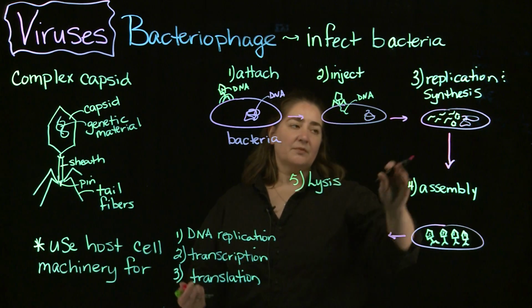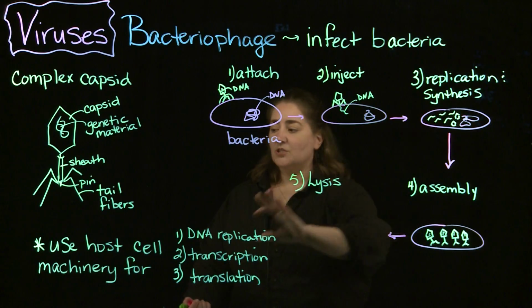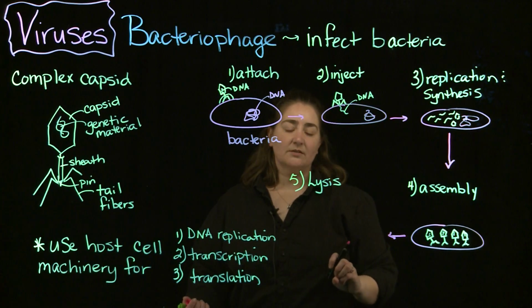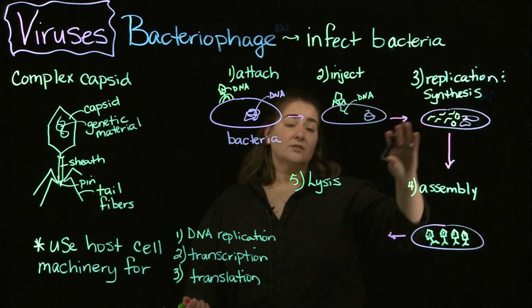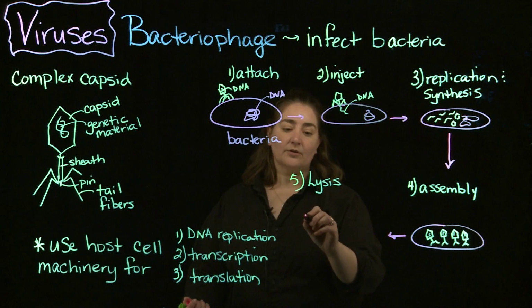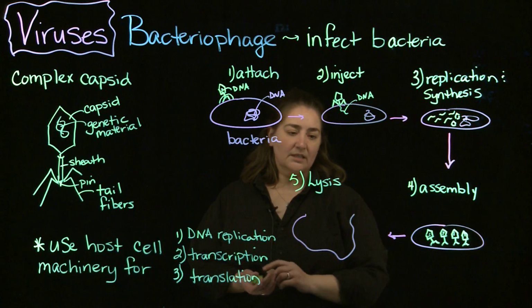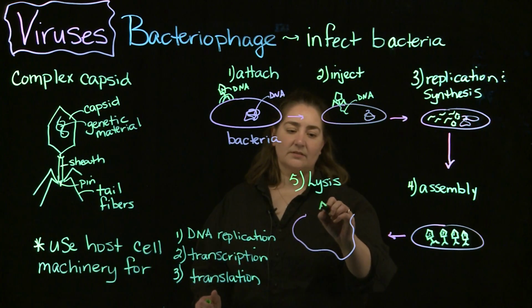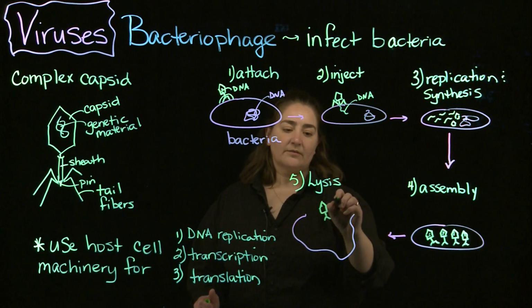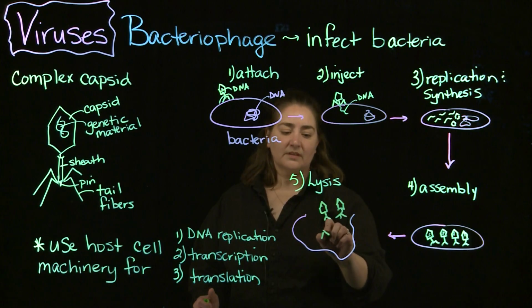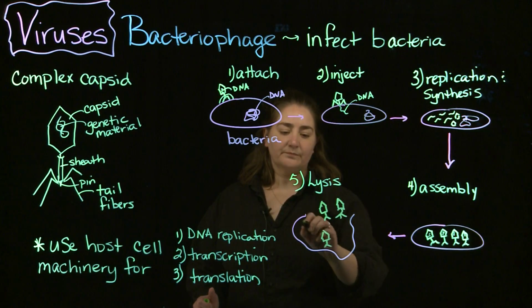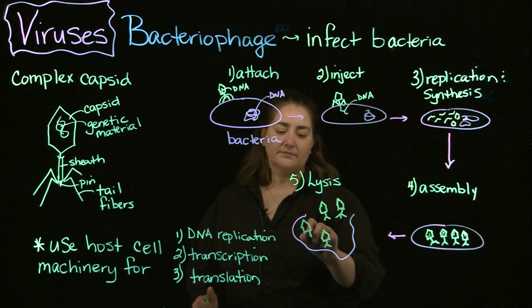So what's going to happen? That cellular machinery within the bacterial cell is going to make so many viral particles that our bacterial cell is going to break open, or it's going to lyse.